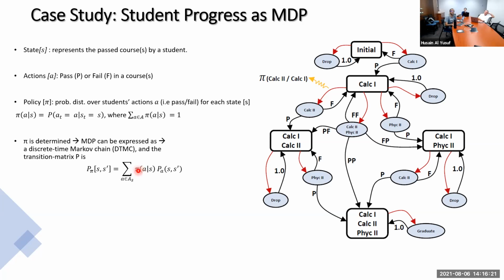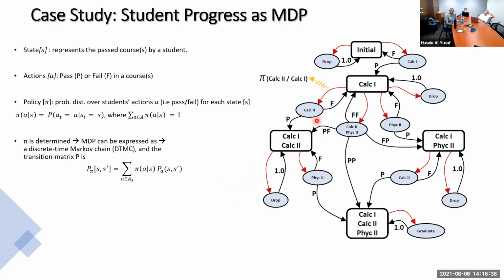We can determine the transition matrix for the Markov chain by having the policy and the probability of transition.